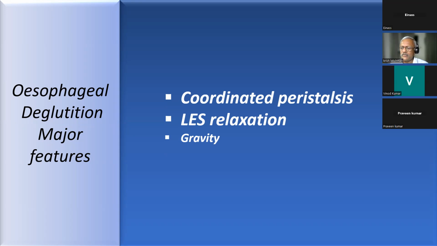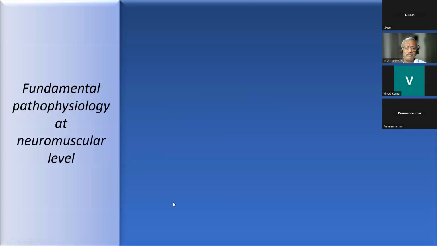All of today's conditions that we listed earlier have some form of problem in either peristalsis or relaxation or both. If you understand this, you have understood today's class. That's all there is to it. I have simplified the whole thing for you. So at a neuromuscular level, there is a fundamental problem in most of these diseases. Ines, you had given the answer partially. You can give it completely now.